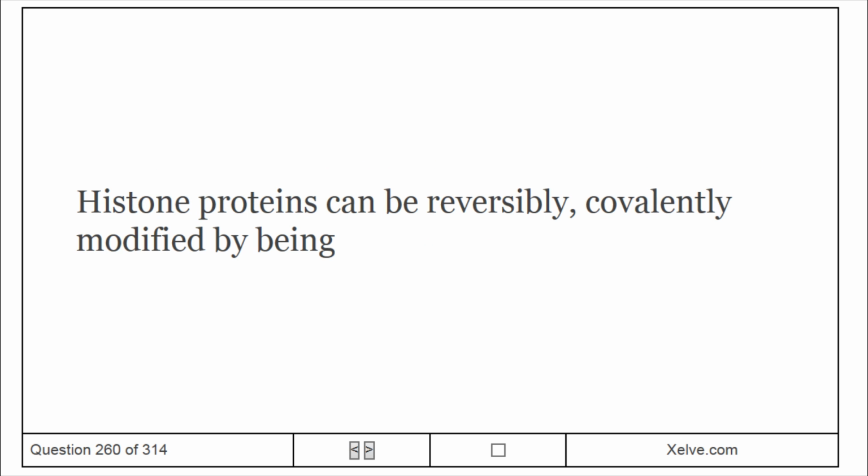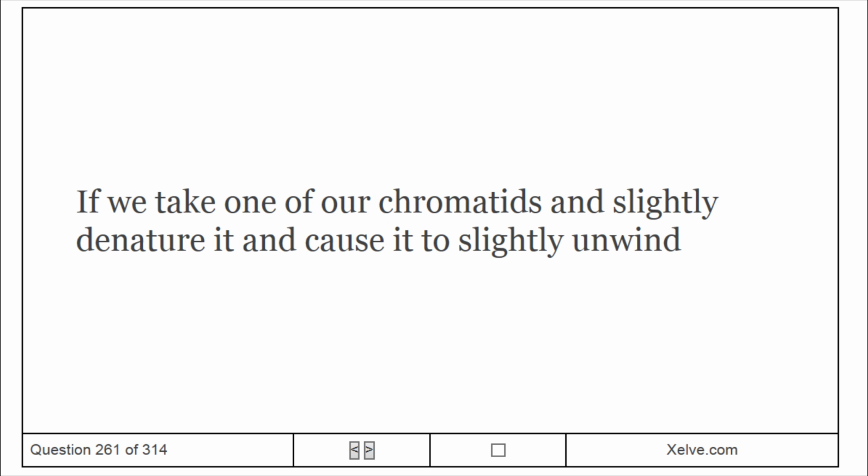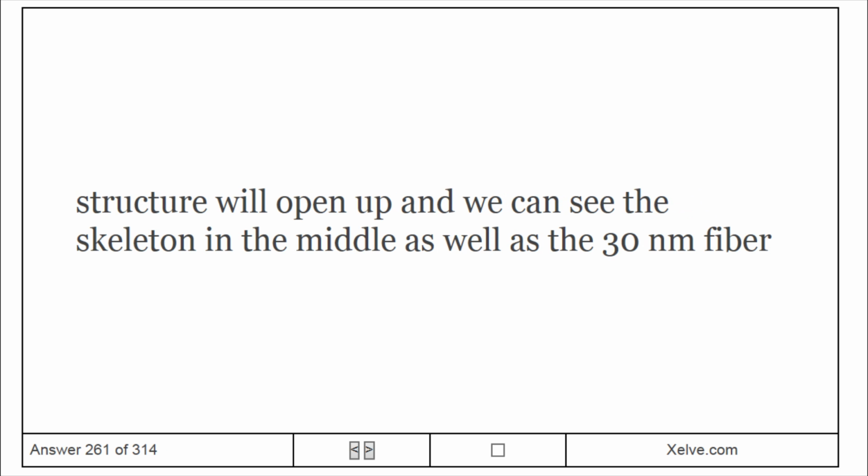Histone proteins can be reversibly, covalently modified by being methylated. If we take one of our chromatids and slightly denature it and cause it to slightly unwind, the structure will open up and we can see the skeleton in the middle as well as the 30 nanometer fiber.